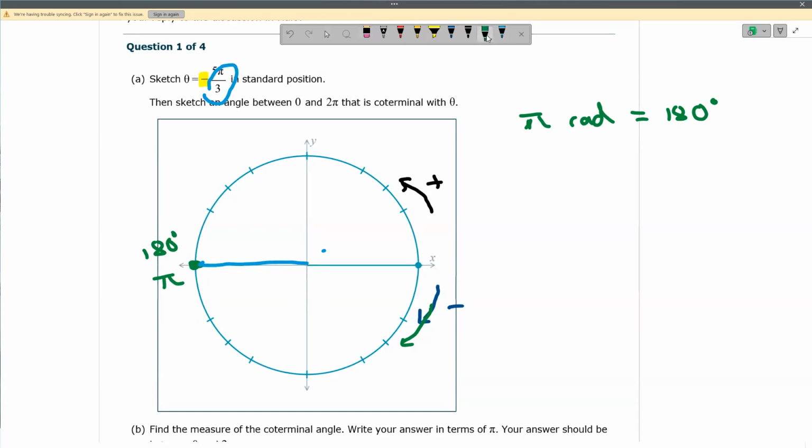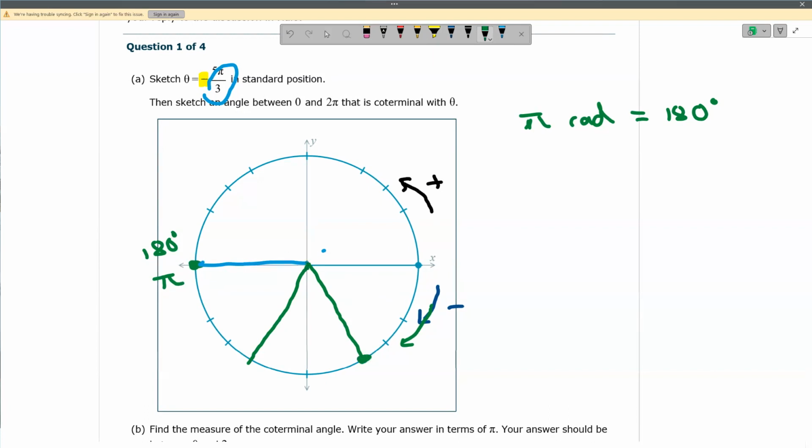So you cut the lower half of the circle into 3 equal parts. This is 1, this is 2. So I cut the lower half of the circle into 3 parts, which means over here it's going to be a third.